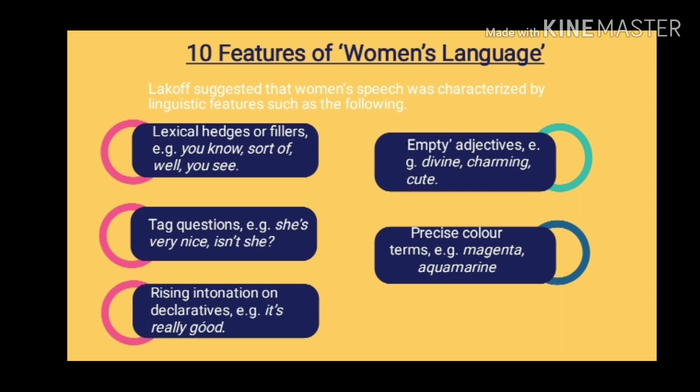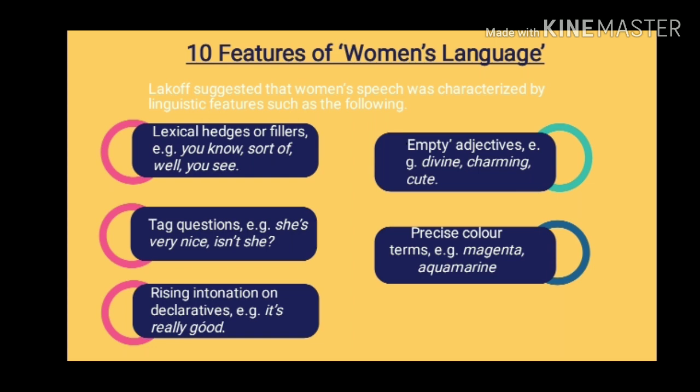The fourth is empty adjectives. Women also convey their emotional reaction rather than give specific information by using empty adjectives. Empty adjectives are a group of adjectives in terms of vocabulary, indicating speakers' approbation or admiration for something, such as gorgeous, lovely, and so on.